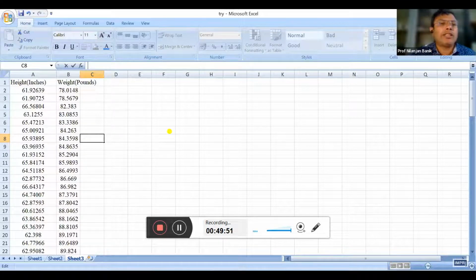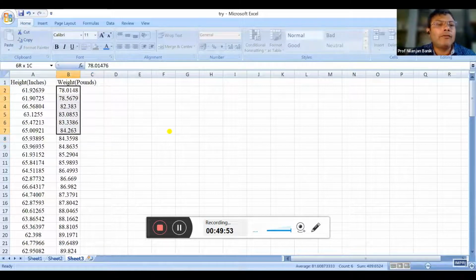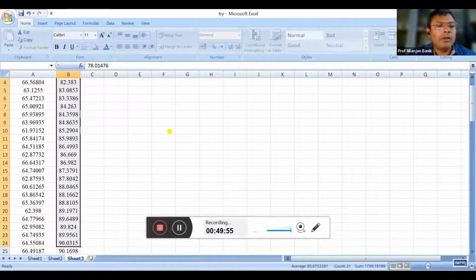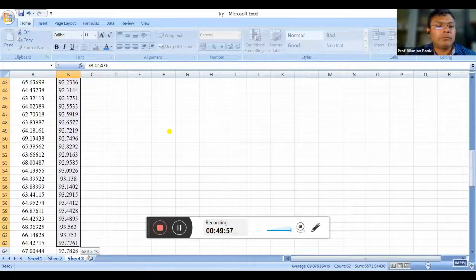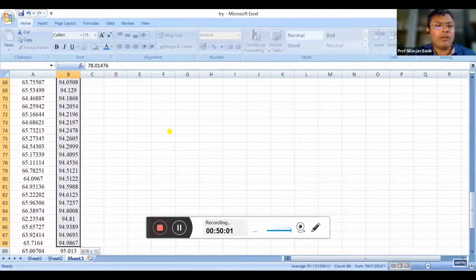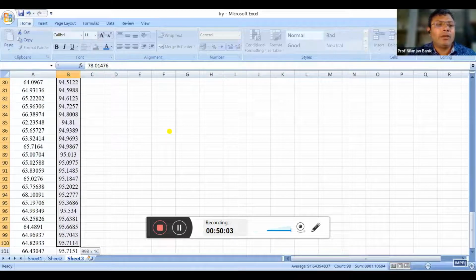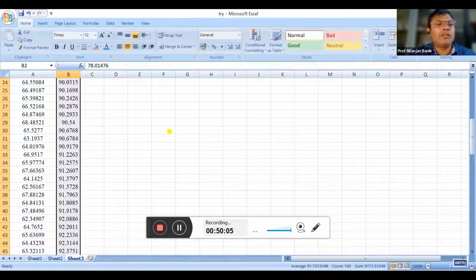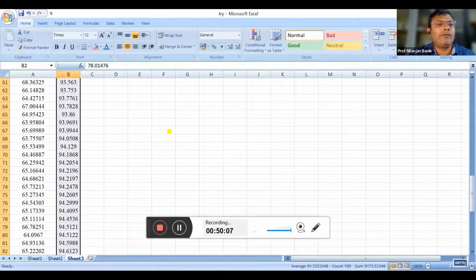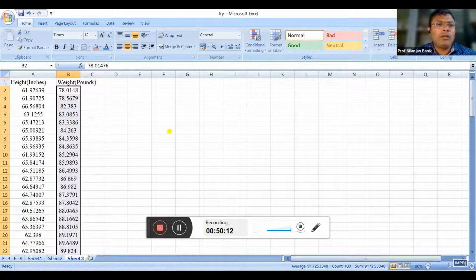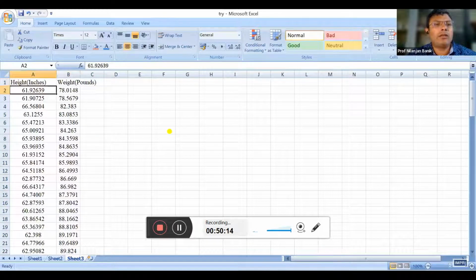This data I've collected from, I think, NFHS, and I've calculated just a part of the data, not the full data. I have 100 observations. This is your weight, this is your height.